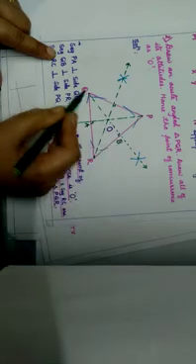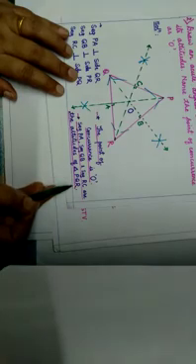Segment PA is perpendicular to side QR. Next, segment QB, here B. Segment QB is perpendicular to side PR. And next is segment RC. Segment RC is perpendicular to side PQ. So what is the point of concurrence?